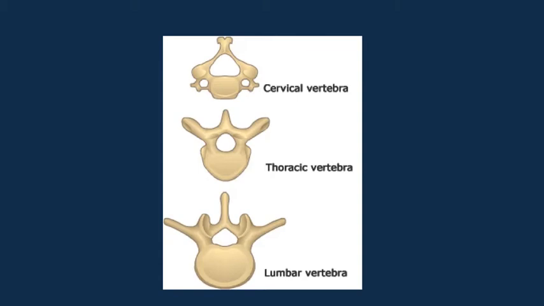This is a reflection of how much weight is being put on these structures. The structures at the top in the neck only have to support the weight of the cranium. The thoracic vertebrae have a little bit more weight to support, and the lumbar vertebrae have the most weight to support. So those size differences are something that are unique to bipeds.